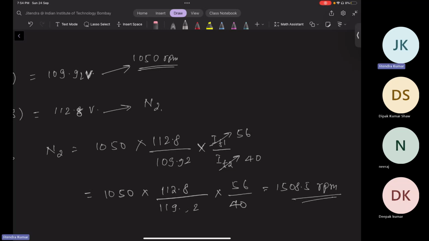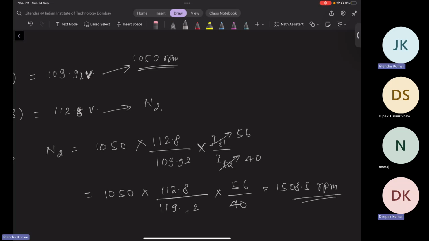Is it right? Okay. Sir, speed is inversely proportional to current, that is, to load. So as you reduce the load, your speed should increase, right? Okay.